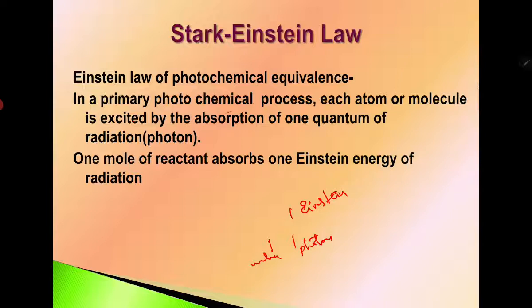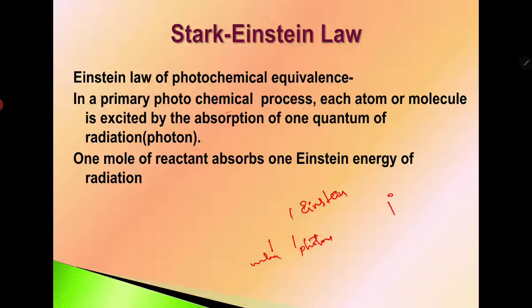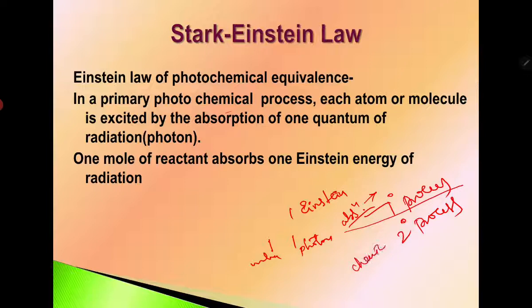In photochemical reactions, there are two processes: a primary process and a secondary process. The primary process means absorption of radiations by the substance and excitation, and the secondary process means the changes that occur after the absorption, which may be a chemical change.